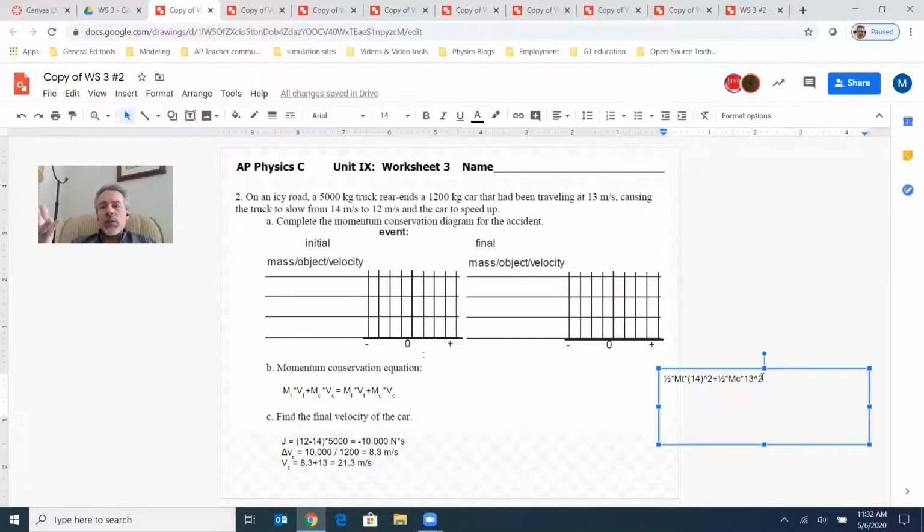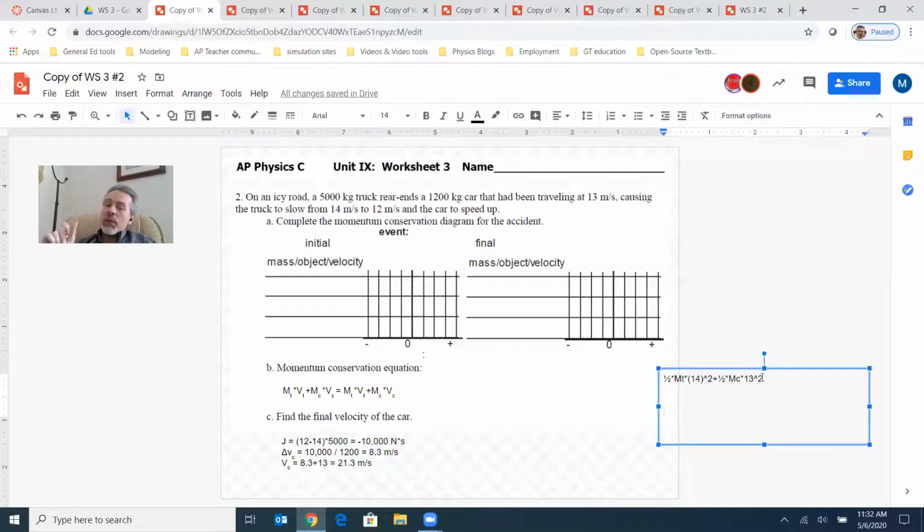And even in this one, there might be some friction, there might be some energy losses, but you can actually make the problem with just the right numbers so that energy is conserved. The only way I can tell is by actually doing the calculation. Now, perfectly inelastic, that one's easy to tell. If they're stuck together, you know it's perfectly inelastic. You can just look at the problem and tell.